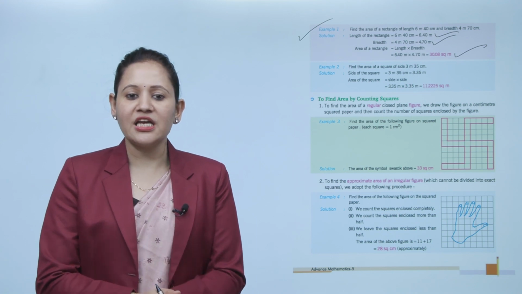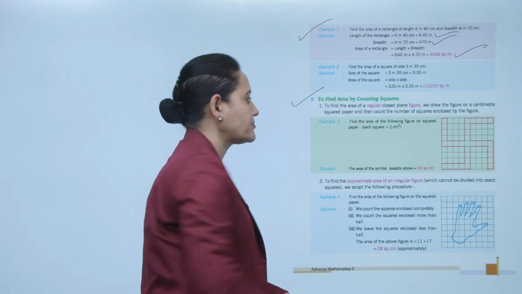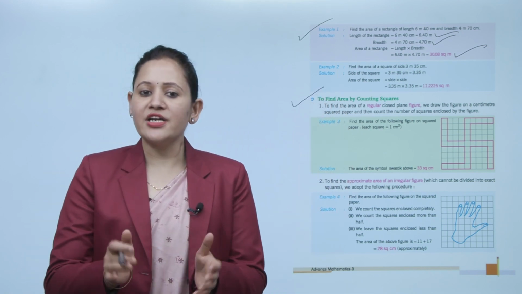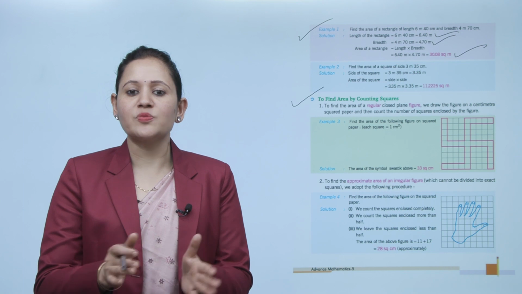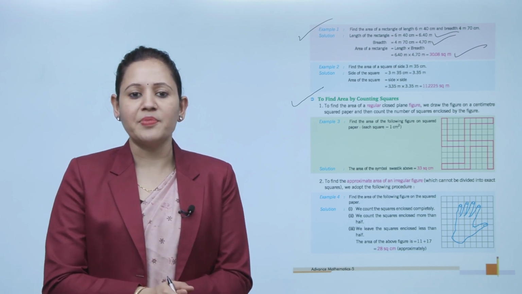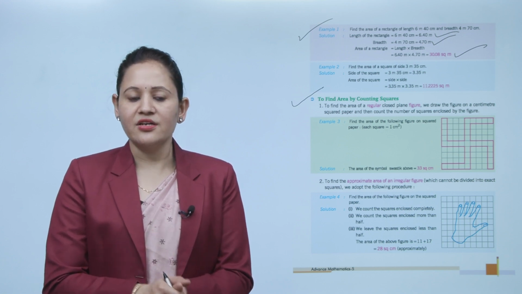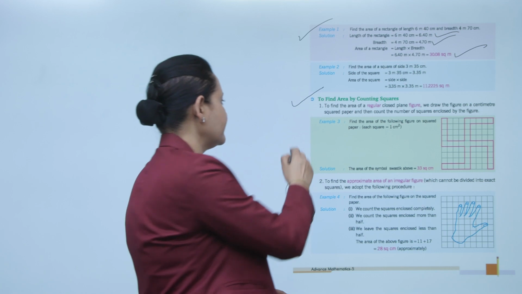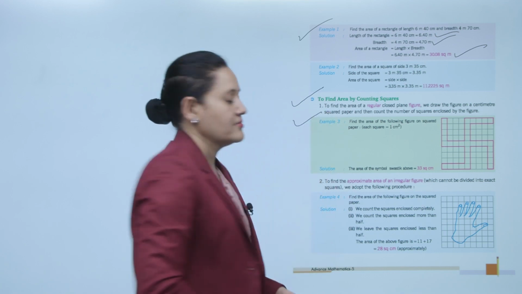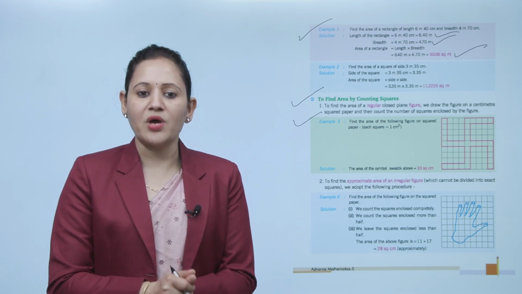Next is to find the area by counting squares. To find the area of a regular closed plane figure, we draw the figure on centimeter square paper and then count the number of squares enclosed by the figure. We'll take an example. Find the area of the following figure on square paper.